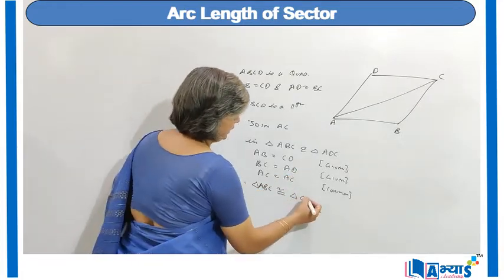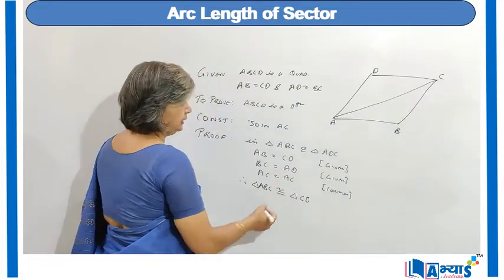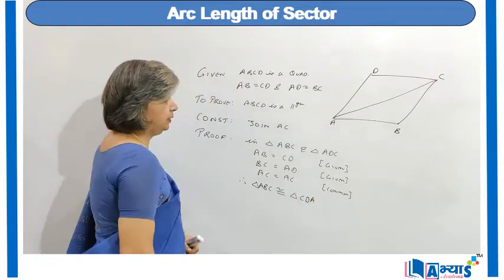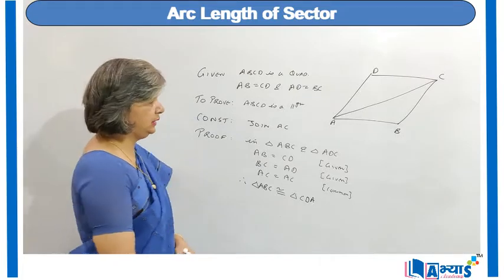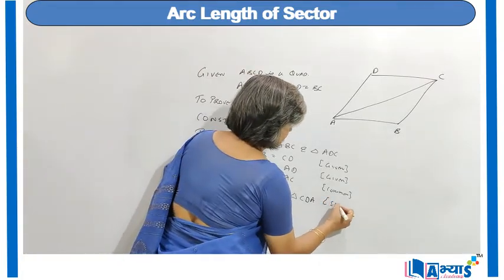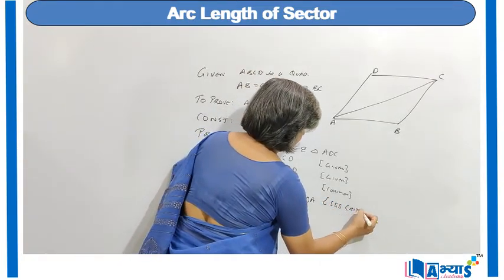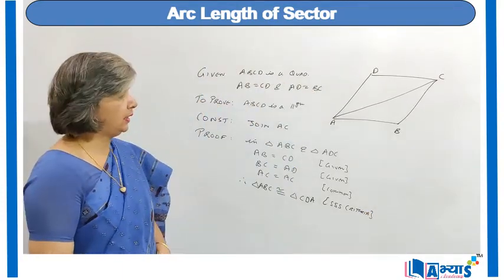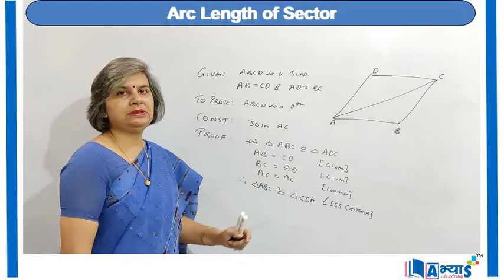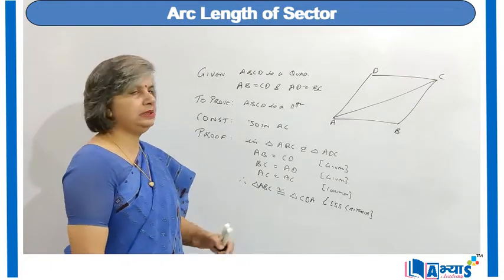So it will be C, D and then A. That means triangle ABC is congruent to triangle CDA by the SSS criteria of congruence, that means side, side, side.